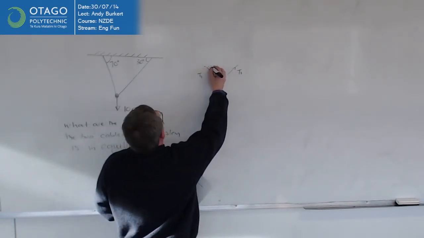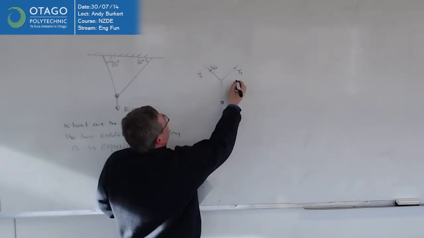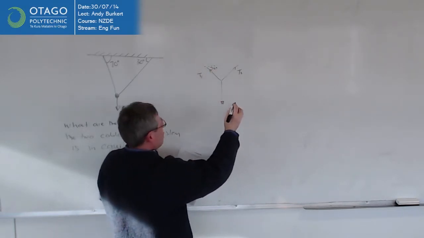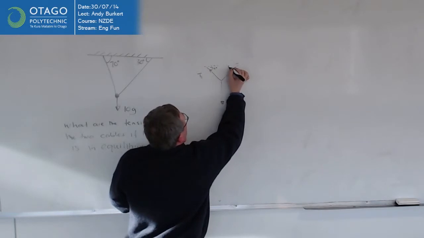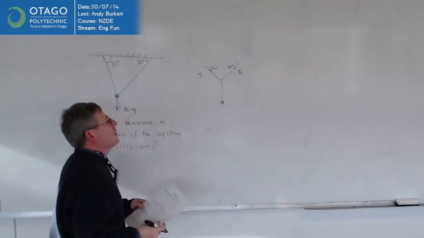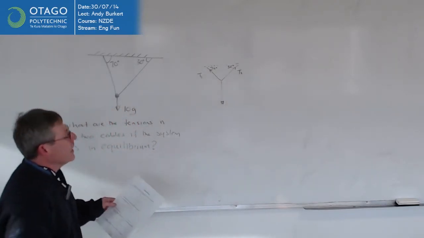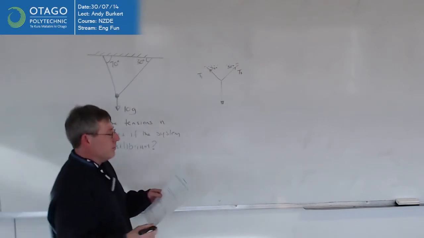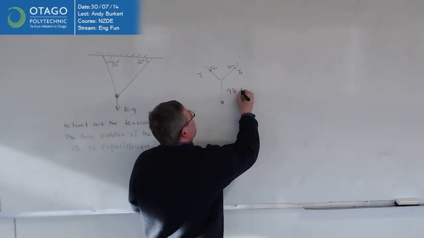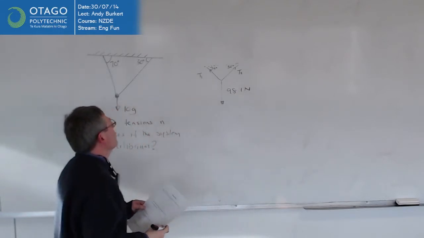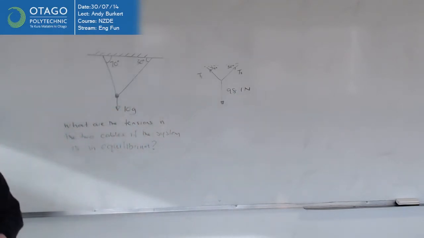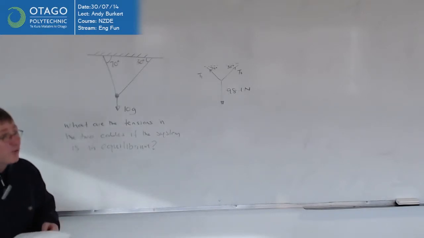We can put that that's 70 degrees, and that's 30 degrees. Okay, and now what's our force acting down? 10g is 98.1 newtons, because it's 10 times 9.81.